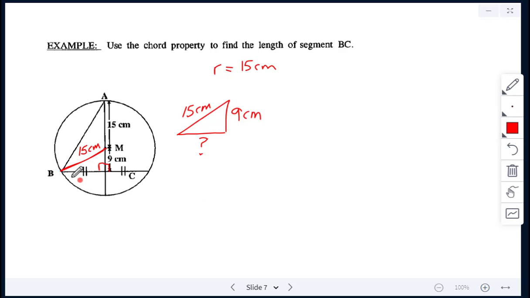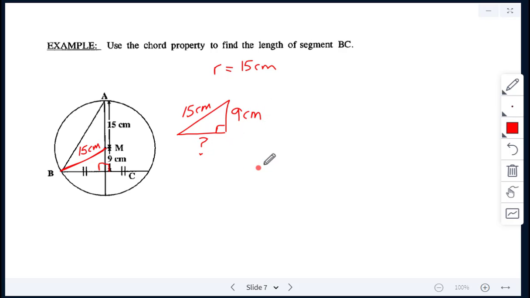Once we have that portion, we can double it, and then we would have the answer for BC, line segment BC. And we're going to use the Pythagorean theorem. So we already have our hypotenuse, because this is the right angle here. This length is the hypotenuse. This length would be A. We need to solve for B.